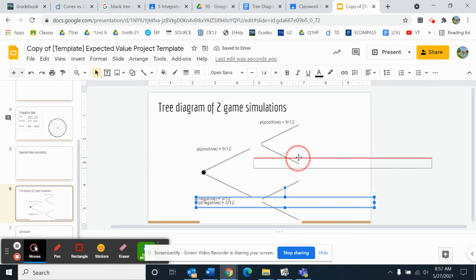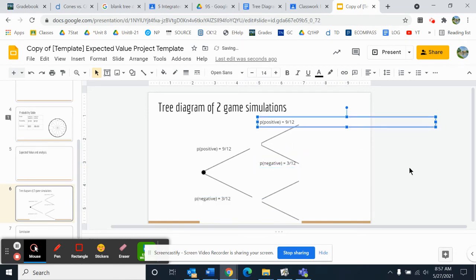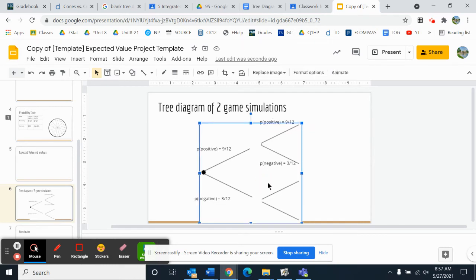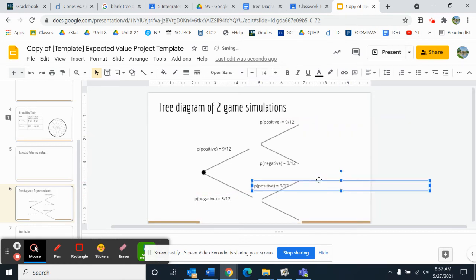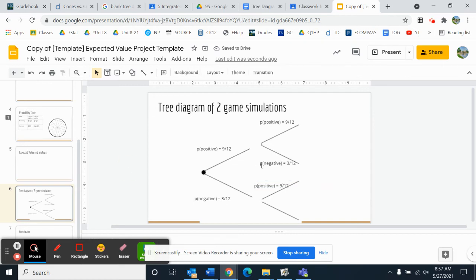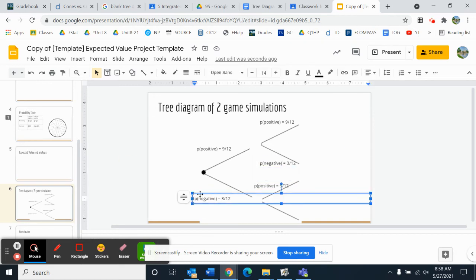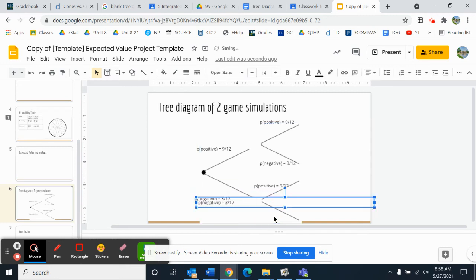The first one is positive. So notice that I copied and pasted the negative probability. And then I'll want to do that again down here for, say, the first one was negative, but the second spin, we landed on the positive number. Or maybe both spins were negative.